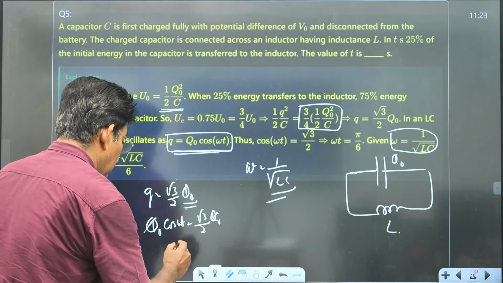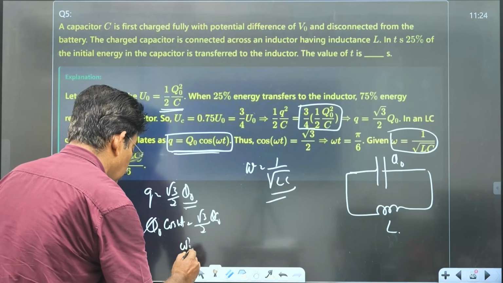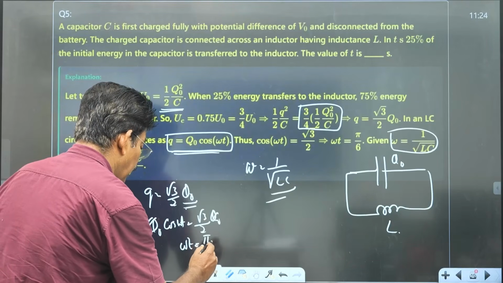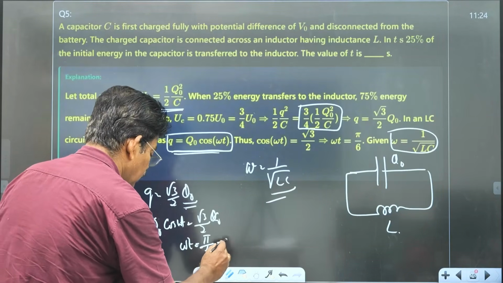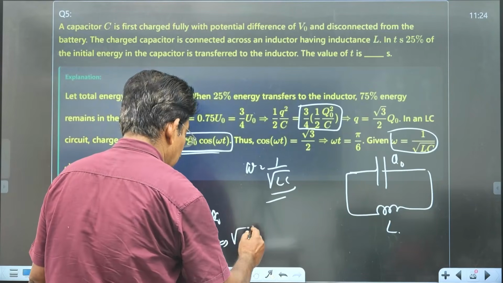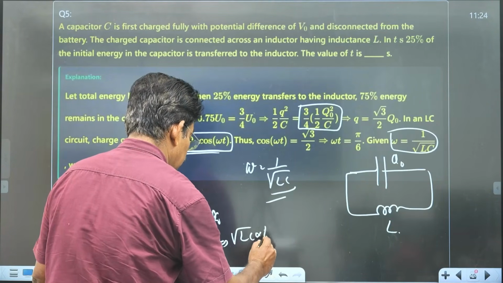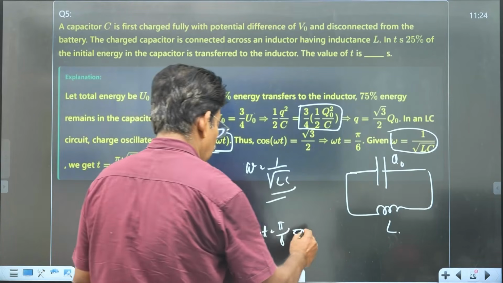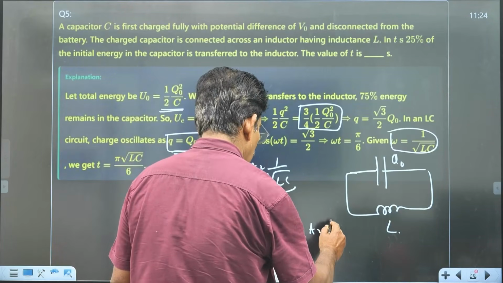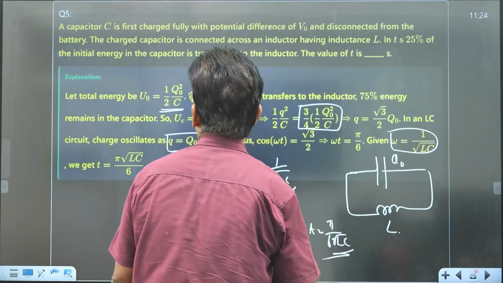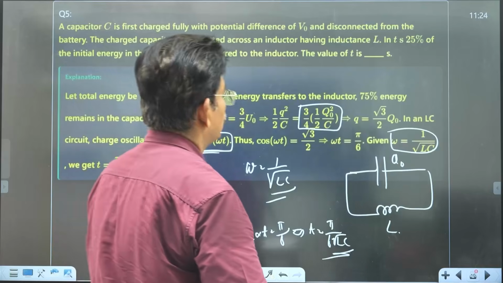Q0 gets cancelled. Cos omega t is root 3 by 2. Omega t is pi by 6. Then omega is root LC, so root LC into T is pi by 6. This gives T equal to pi divided by 6 root LC.